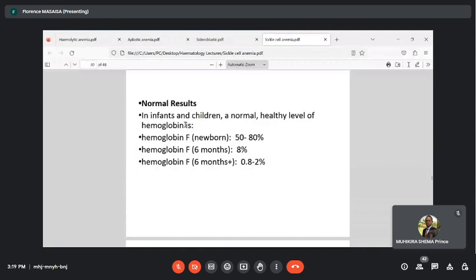That's why I said sickle cell is somehow not visible or manifesting at an age below six months, because at this age they have high fetal hemoglobin, which contains the beta chain, so it somehow protects against the symptoms. It's when they're above 6 months that the symptoms start to occur.